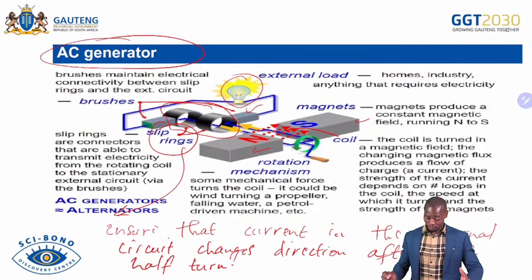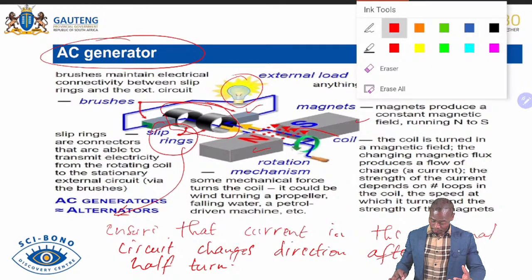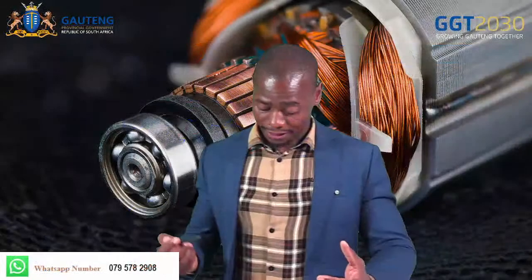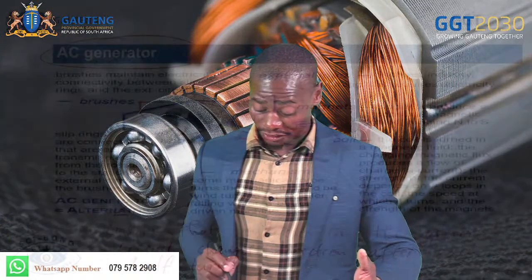So the current in the external circuit here, because of the slip rings, changes direction.